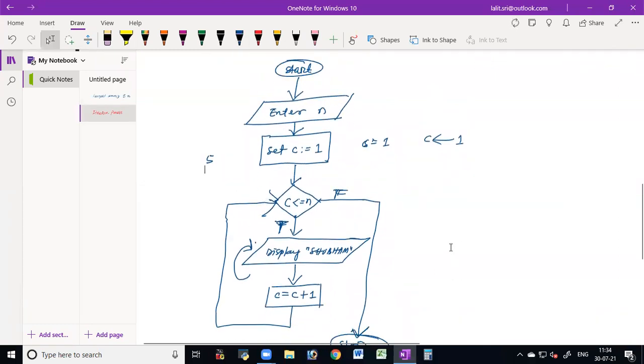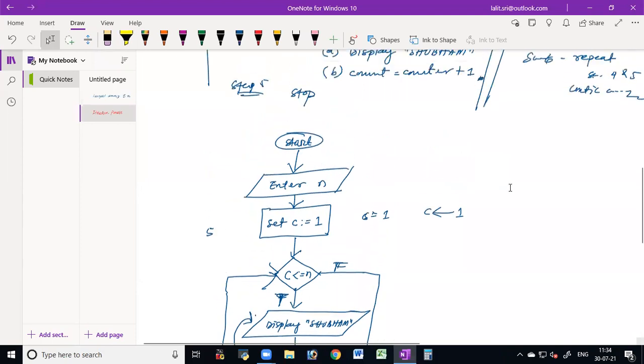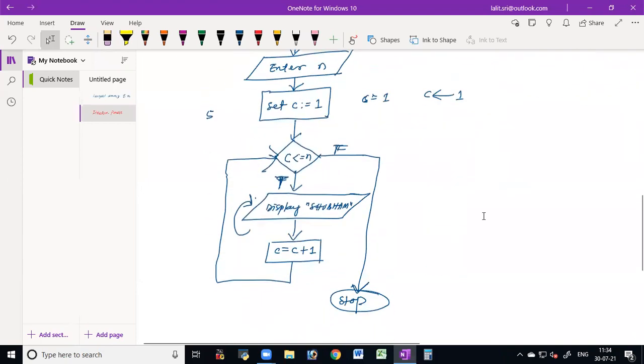All of you clear? Yes, sir. Any doubt? No, sir. So can you write the algorithm for displaying first n numbers and draw the flowchart for that? That means 1 to n.